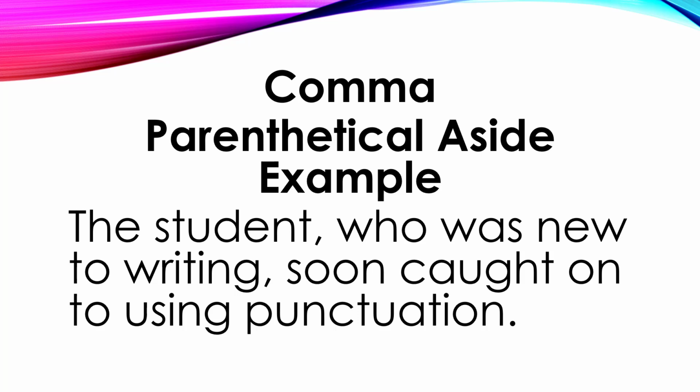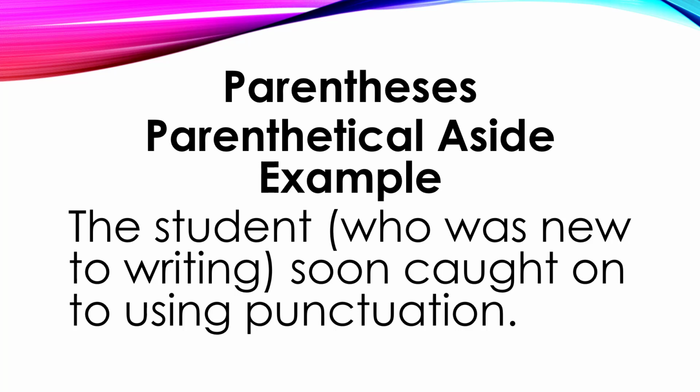This is what I would use in fiction, and then in nonfiction, we would use parentheses to accomplish the same thing. Notice also that with parentheses, you put it after the space following student. So you're snugging it up, just like with double quotes, around the thing that it's encapsulating, which is who was new to writing. So it's a little exception to that rule of always put the punctuation after the word and before the space separating two words.